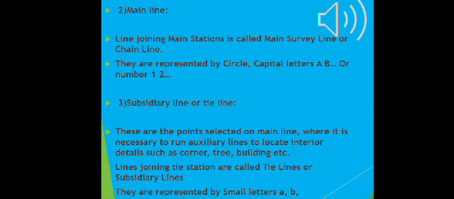They are represented by circle, delta, capital letter A, B, or number 1, 2, 3, etc. Similarly, in case of a subsidiary line or subsidiary tie line, these are the points selected on the main line where it is necessary to run auxiliary lines to locate interior details such as corner, tree, building, etc. These lines joining tie stations are called tie lines or subsidiary lines.